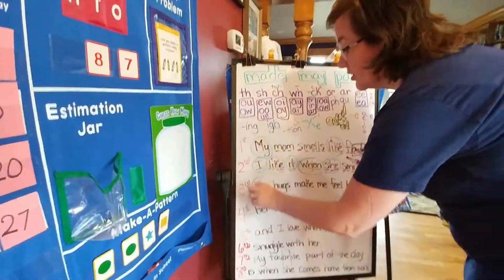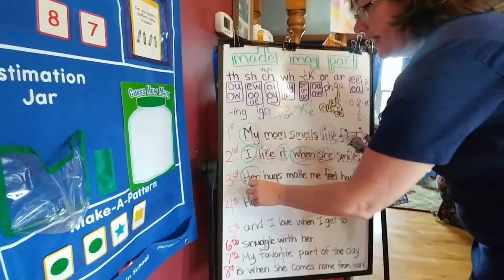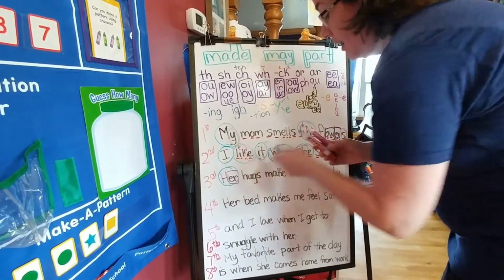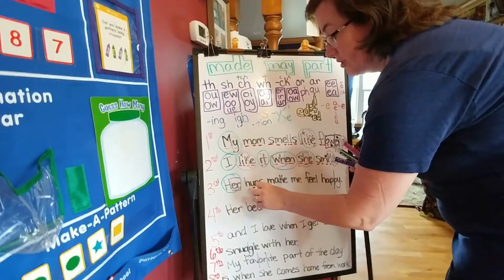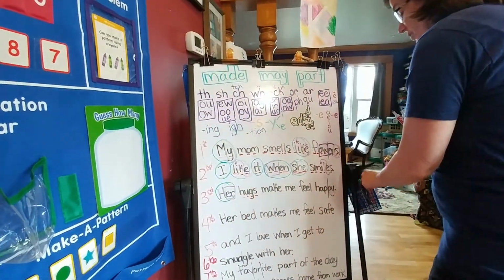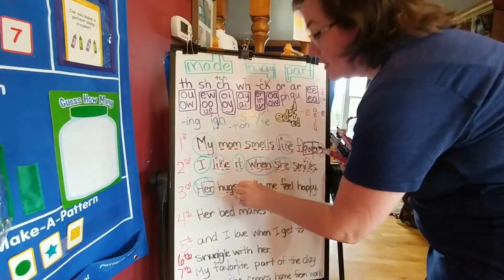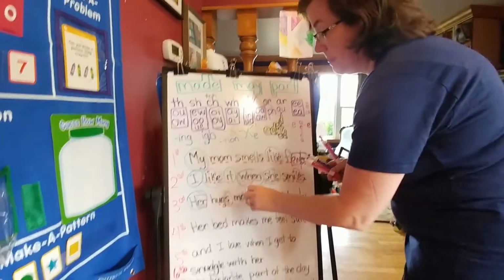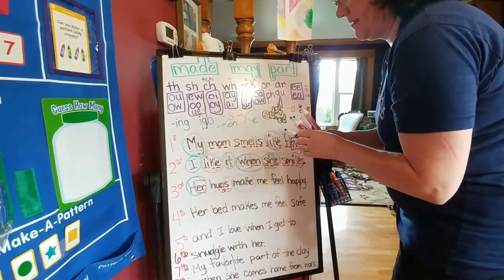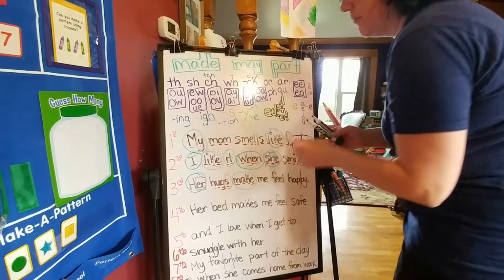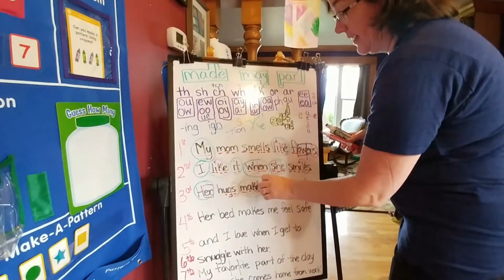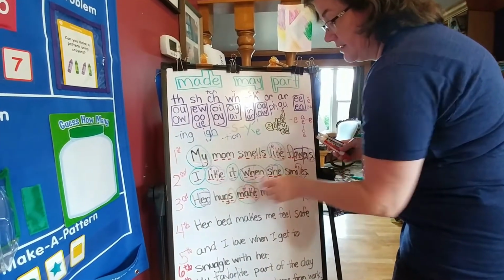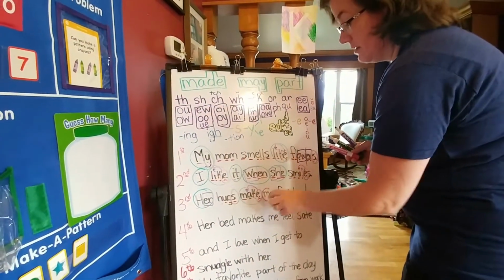Third line, her, sight word her. H-E-R with our letter pair E-R. Hugs. H-U-G-S. More than one. She doesn't just give one hug. Mommies give hugs. More than one. Hugs. Sight word make. M-A-K-E. What kind of E? Silent E. It's making that A say A. Me, sight word me.